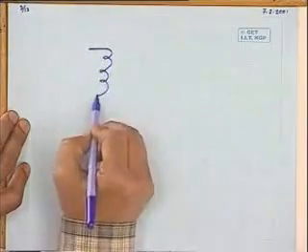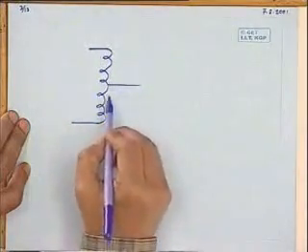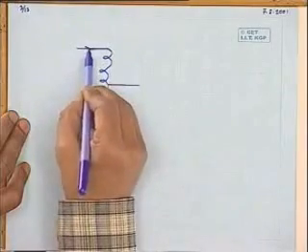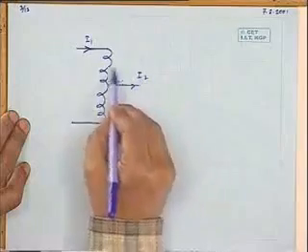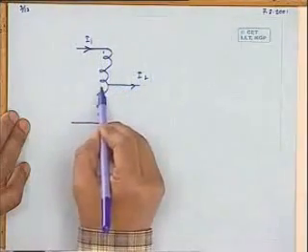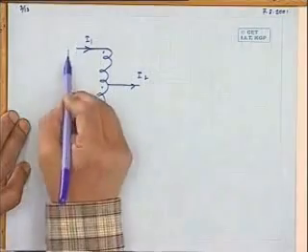So once again I am just drawing it. Suppose this is this one. This current is suppose I1, this current is I2, and these are all dots wherever you consider the upper terminal.